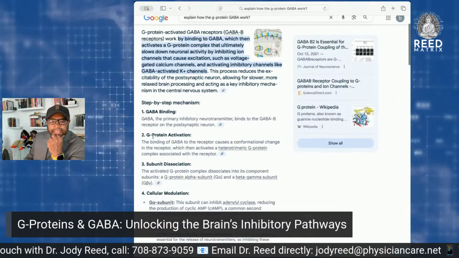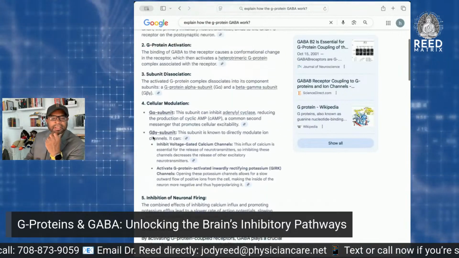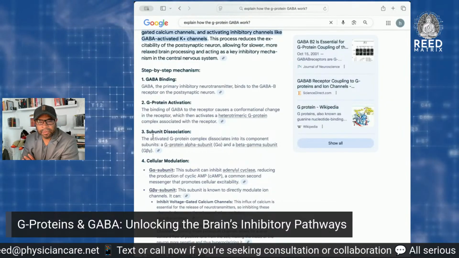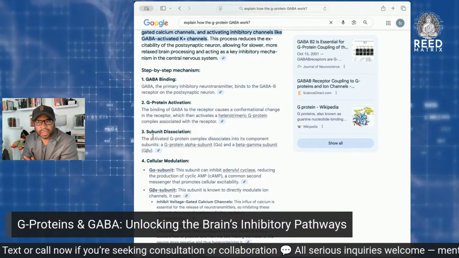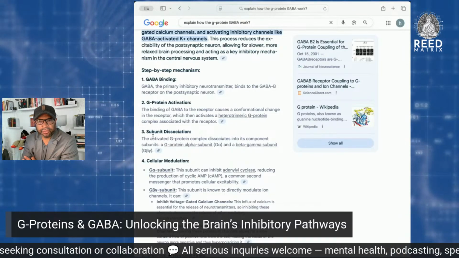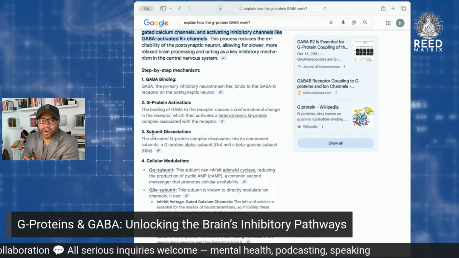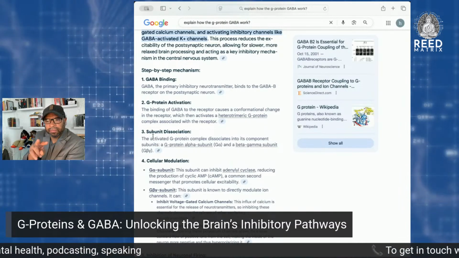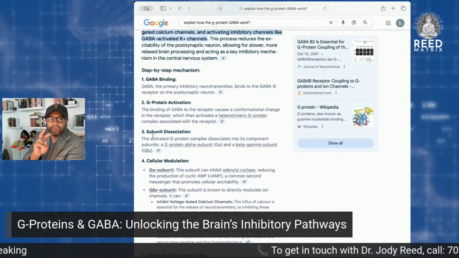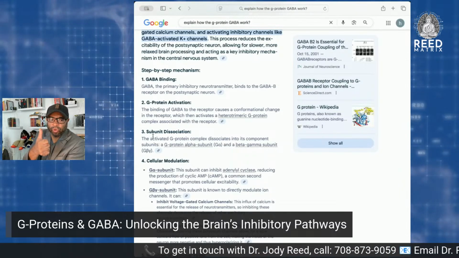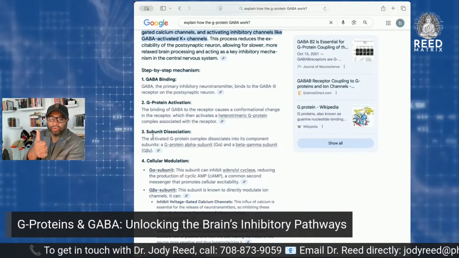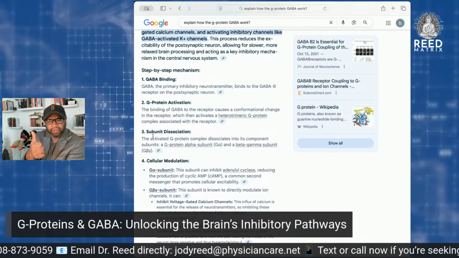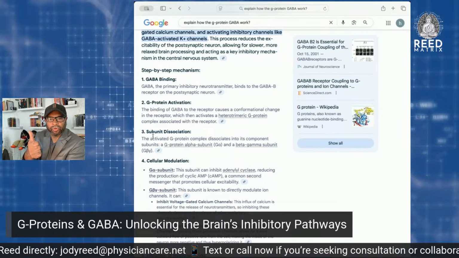All right, step-by-step mechanism here. I think it's important to understand the functionality of GABA because when we see a patient who's overly excited, agitated or combative, we need to know exactly what our targets are when we give this medication. Remember where the GABA receptors are located. They're on the mesocortical pathway: mesocortical hyperactivity, positive symptoms of schizophrenia. We want to target the GABA receptors there to decrease the excitability of that pathway.